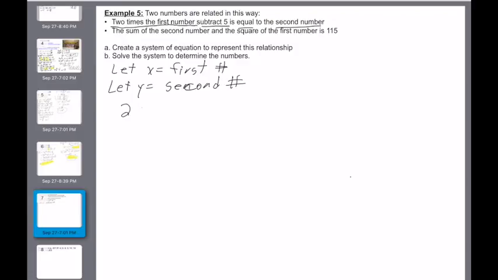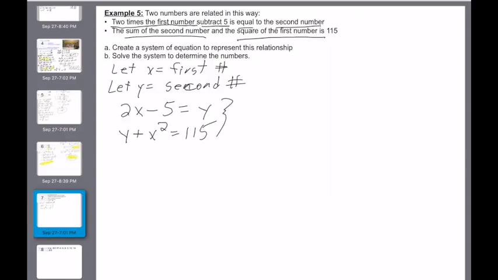So 2 times our first number is 2x, minus 5, is equal to our second number, which was y. Then we have the sum of the second number, so we know we're going to be adding, the sum of the second number, which is y, and the square of the first number, x squared, is going to equal 115. So there's our system of equations.